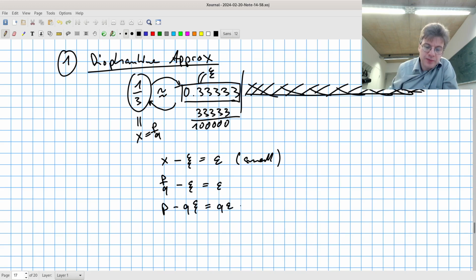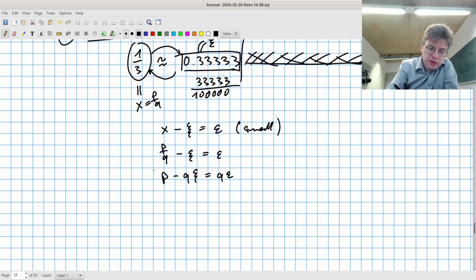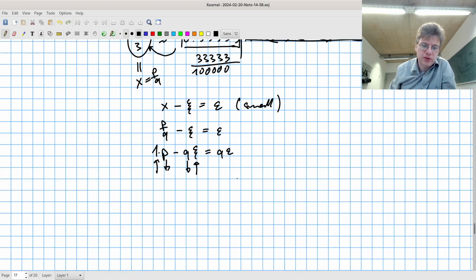And then write a 1 here to make it explicit what we have. So we have the 1 and we have the xi, and we want to get the p and we want to get the q. And here we don't really care about this, but this is small, so this is a rounding error.